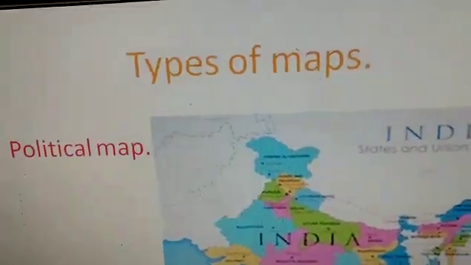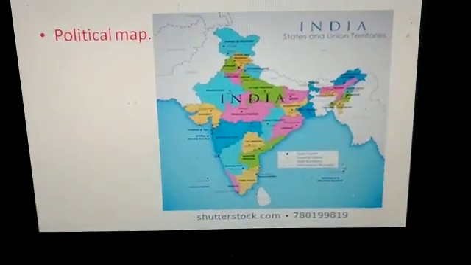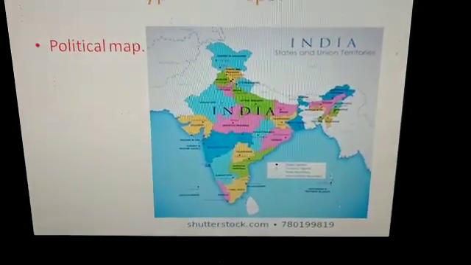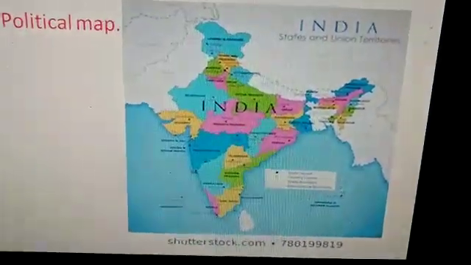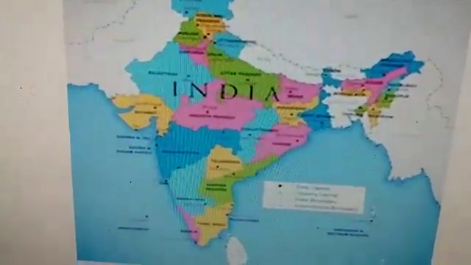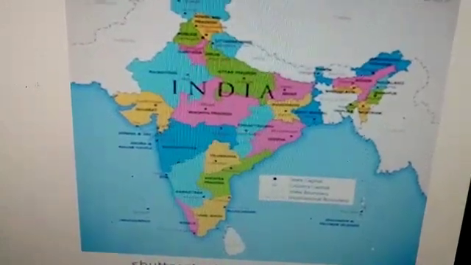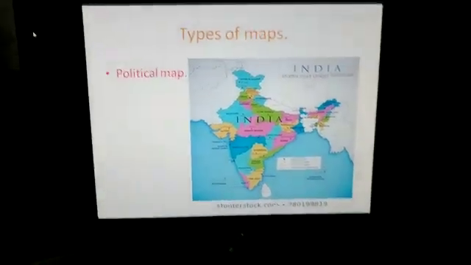So, in your book, there are 3 types of maps. One is the political map. See the picture of the political map. It is the picture of the Indian political map, having 29 states, its capitals, and other countries which surround our country.